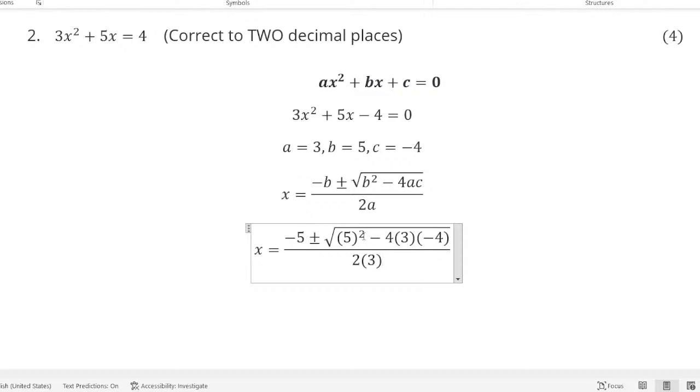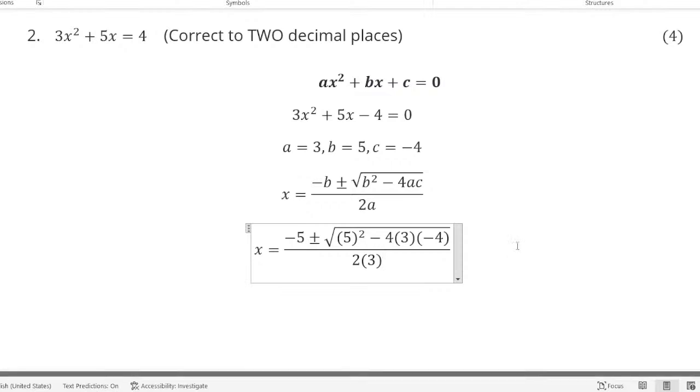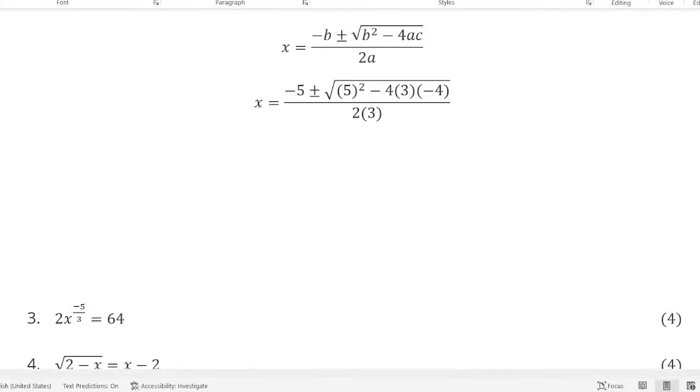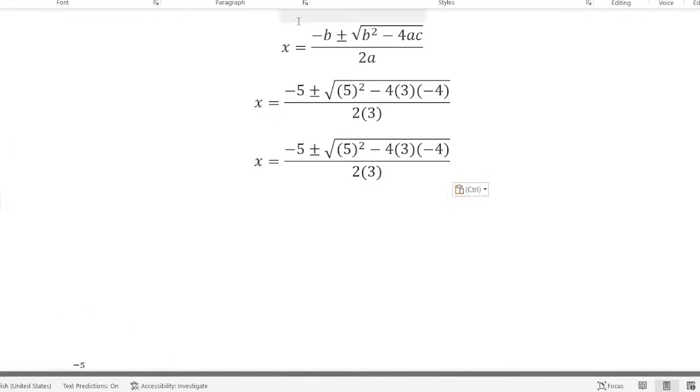So then you have to use your calculator to get two possible values of x. Right, use a calculator to get two possible values of x. So here, let me just split it for you. Okay, here we'll have x equals negative 5.